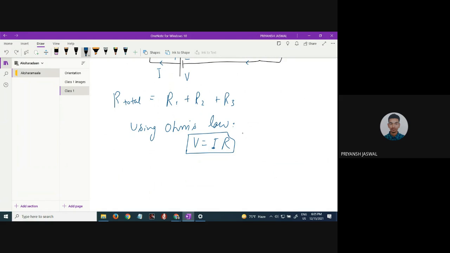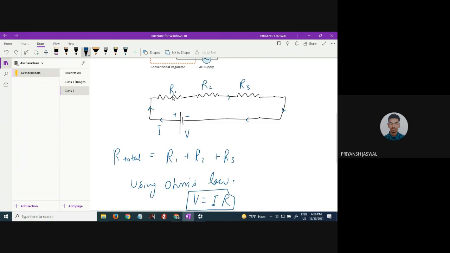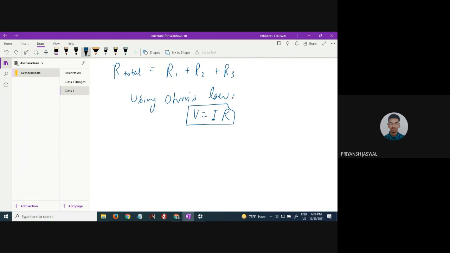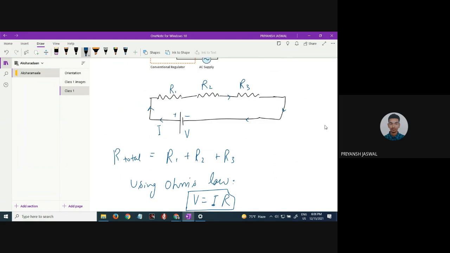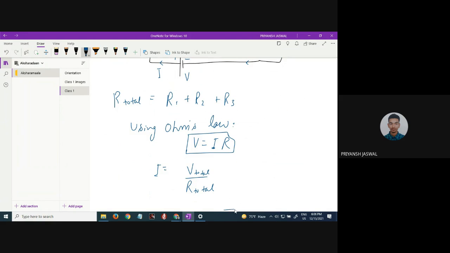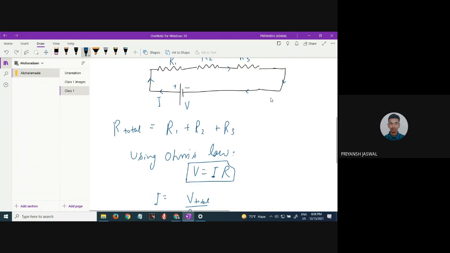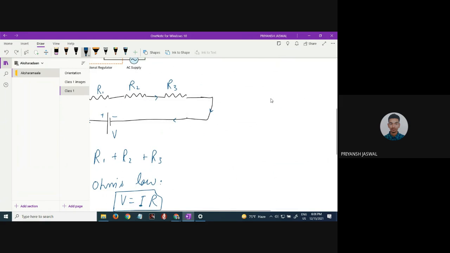So now we will calculate the potential difference across each of these three resistances. So from here we can get I as V total by R total, like treating this whole circuit as there is one V total and one R total.